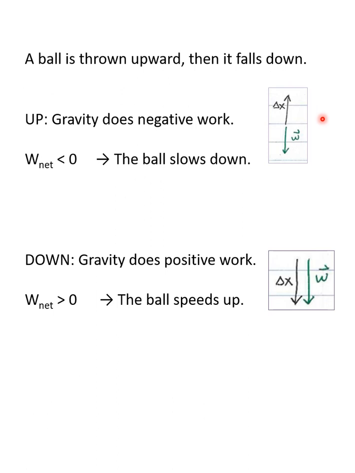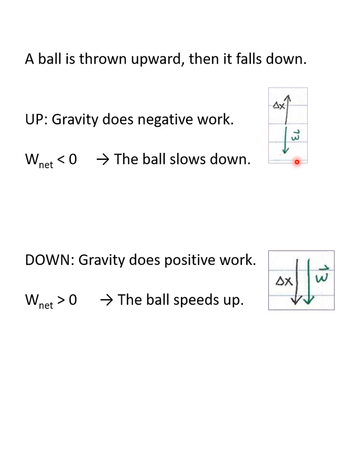You can see displacement is up, the force of gravity, which is the weight, is down. There's a 180-degree angle in there. And as we've seen before, there was an example with a rock a few pages ago, gravity is doing negative work. So the net work is negative, and that relates to the acceleration. The acceleration, therefore, is negative.